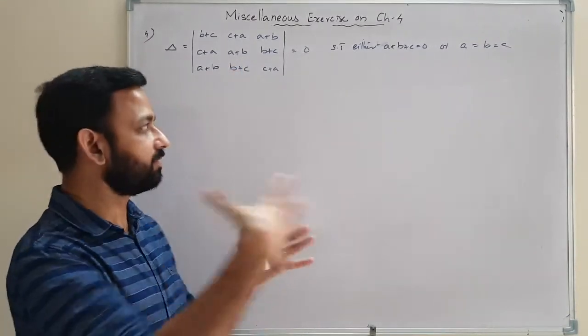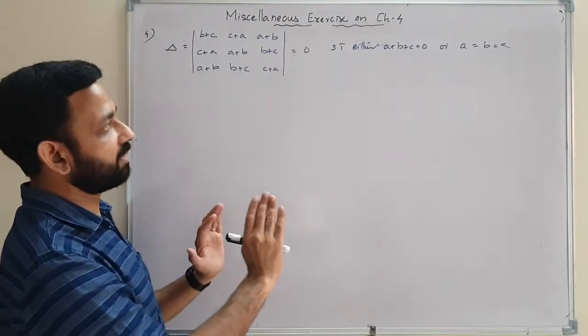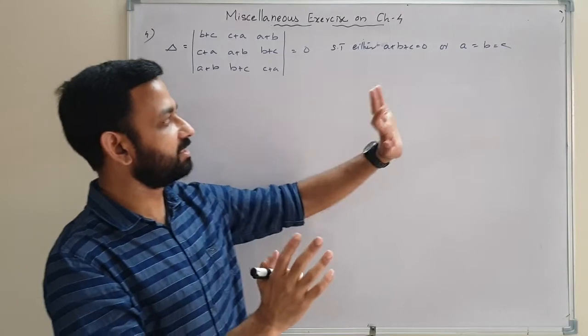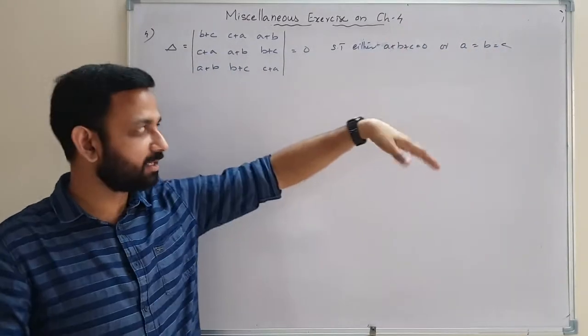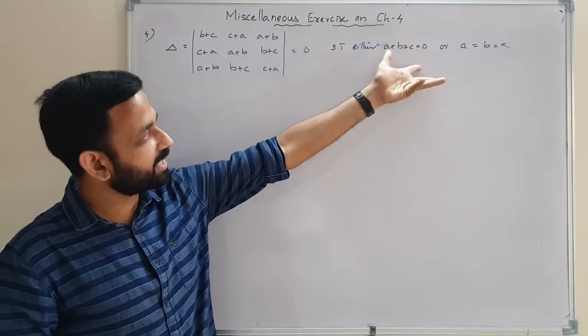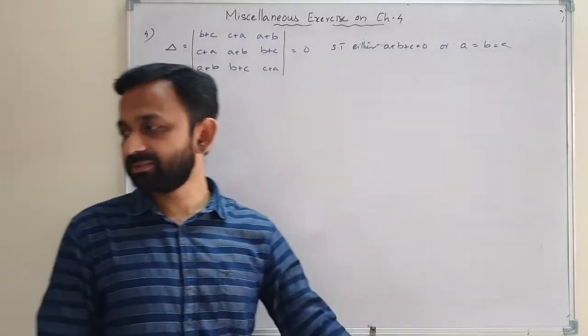Then that value equals 0 because it's already given. From there we will take a plus b plus c outside and another expression inside. Then we can say a plus b plus c equals 0 or a equals b equals c.